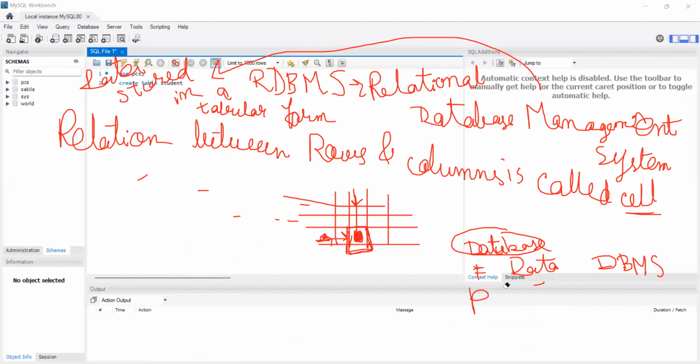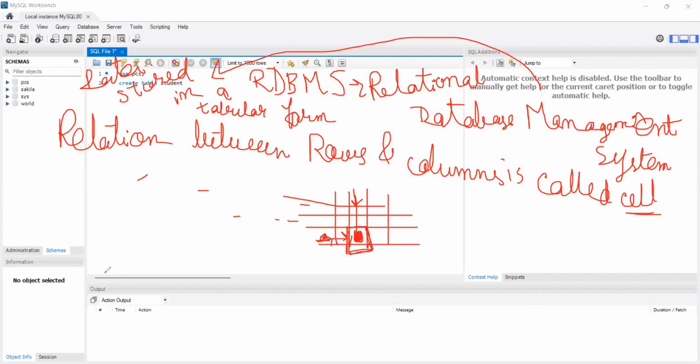This is a basic SQL question when you go to any type of interview, not only for data analyst. Many times they ask what is a schema and why SQL is called RDBMS, or relational database management system.